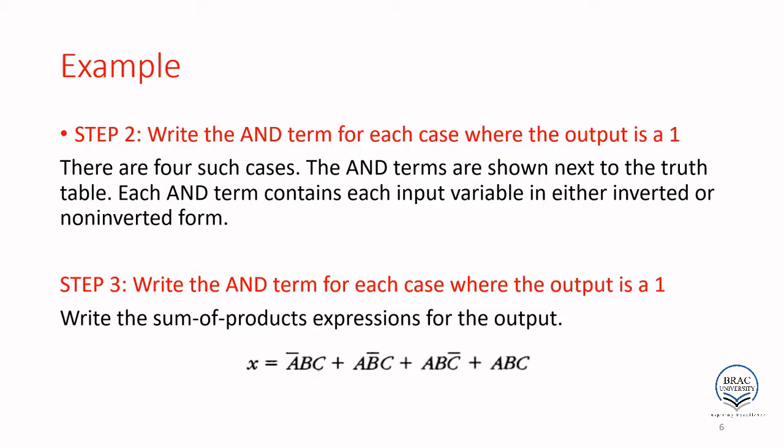Sum of product means the AND function is written through the plus sign. So the products are summed together, and another is called product of sum. We will discuss it in the next slide.